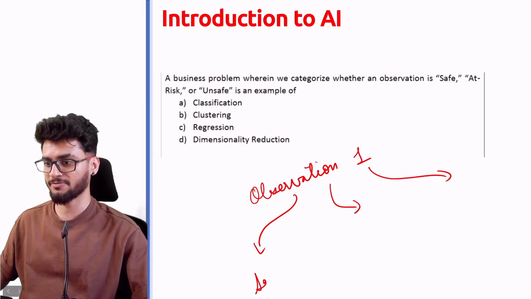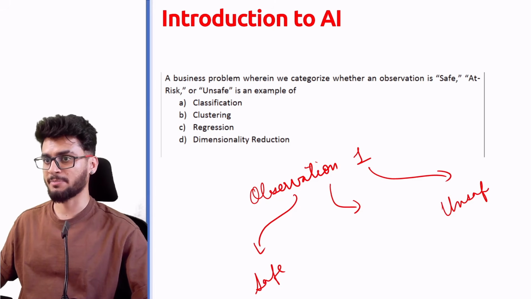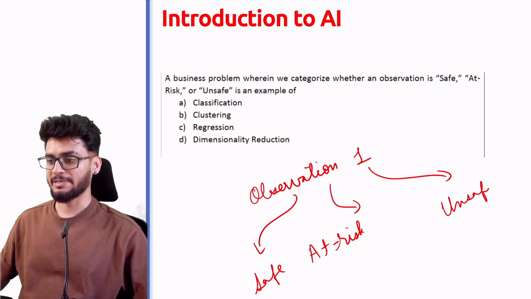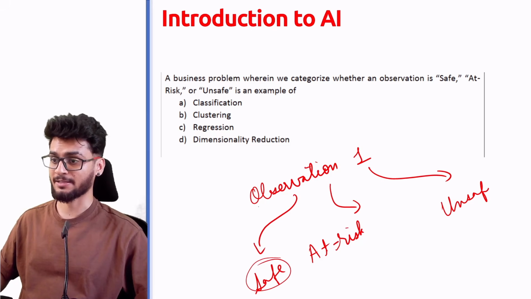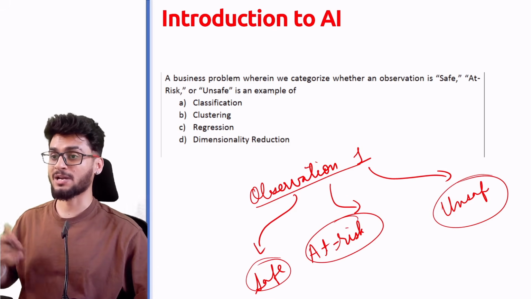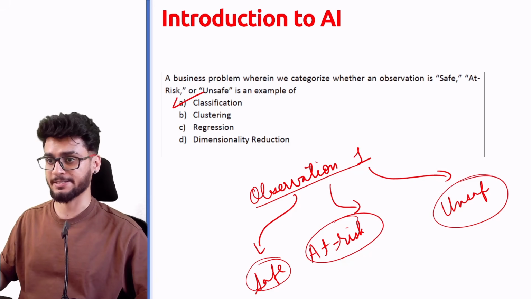It can be safe, it can be unsafe, or it can be at risk. इन तीनों में से कोई एक होना ही चाहिए. So what does it mean? It means we need to classify this observation into one of these three. हम लोगों को classify करना पड़ेगा. So that's why classification इसका right answer है.